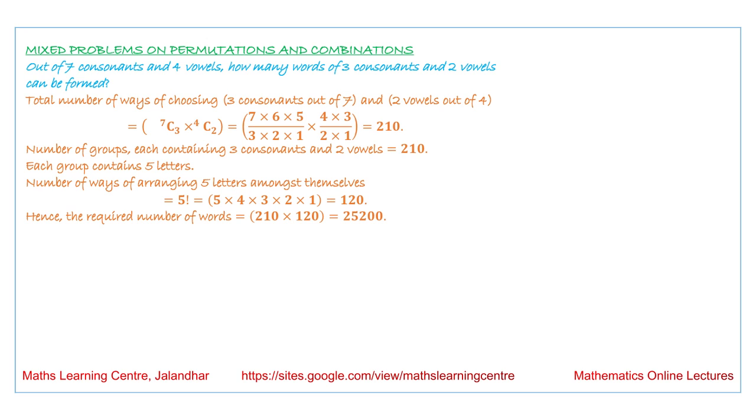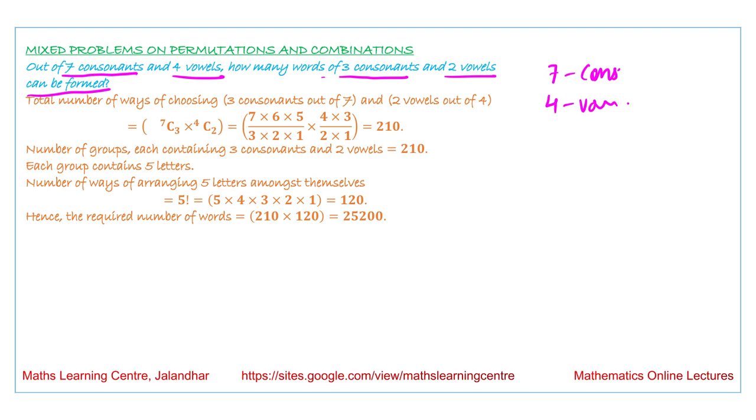Next we have some mixed problems based upon permutations and combinations. So the first is, out of 7 consonants and 4 vowels, how many words of 3 consonants and 2 vowels can be formed? So we have 7 consonants and 4 vowels.